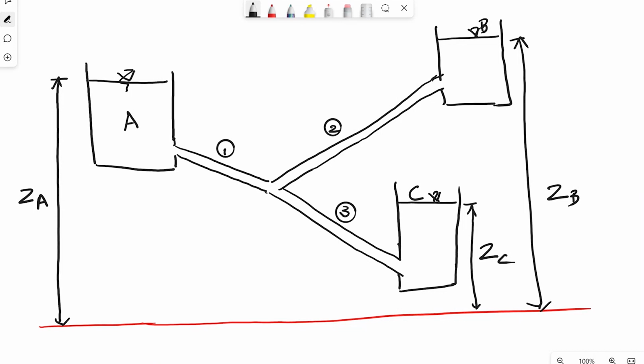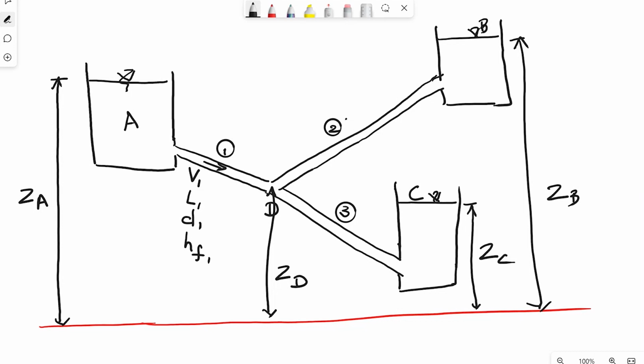I make the junction as D. The velocity in this pipe is V1, its length is L1, its diameter is D1, and the head loss through it is HF1.